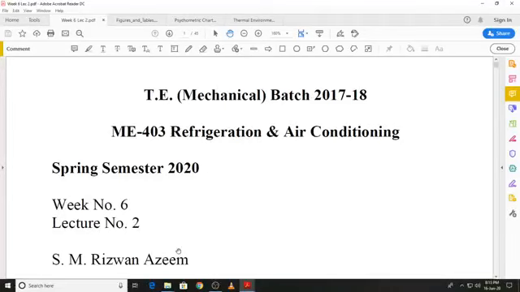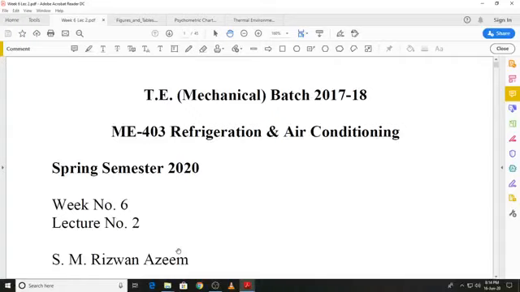Okay, we will commence with the second lecture of week number 6. In the first lecture of the week, you were introduced to the properties of moist air that we work with in psychrometry, the definitions of those properties, how those properties can be determined by using equations, and also by using the psychrometric chart.